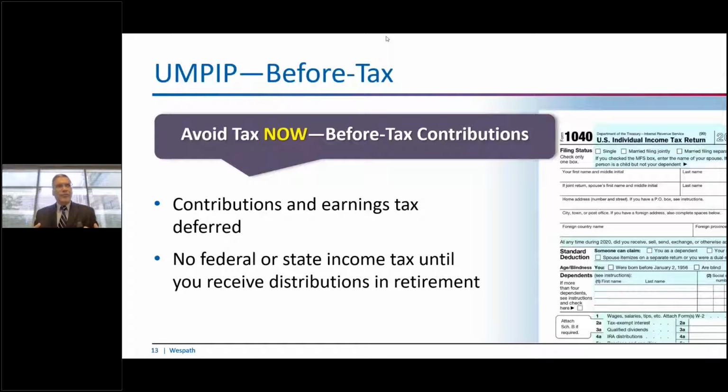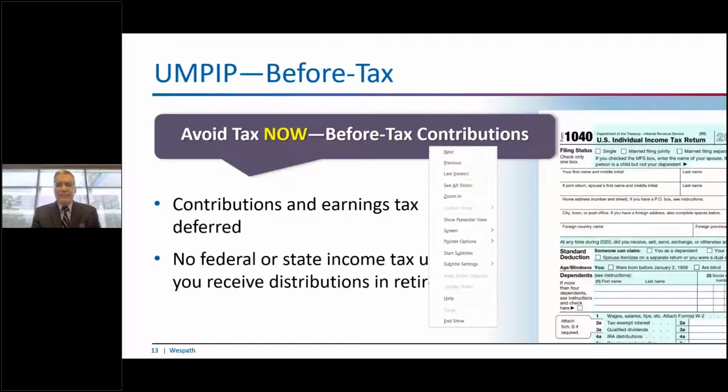So your contributions and any earnings, money that you make on your investments, be it income on the stable value fund or the bond funds, you experience growth, everything is growing tax deferred. So you're not receiving a 1099 tax form every January, and you're not paying any federal or state income taxes right now until you receive those distributions in retirement. So that's a common way to put money into this plan.